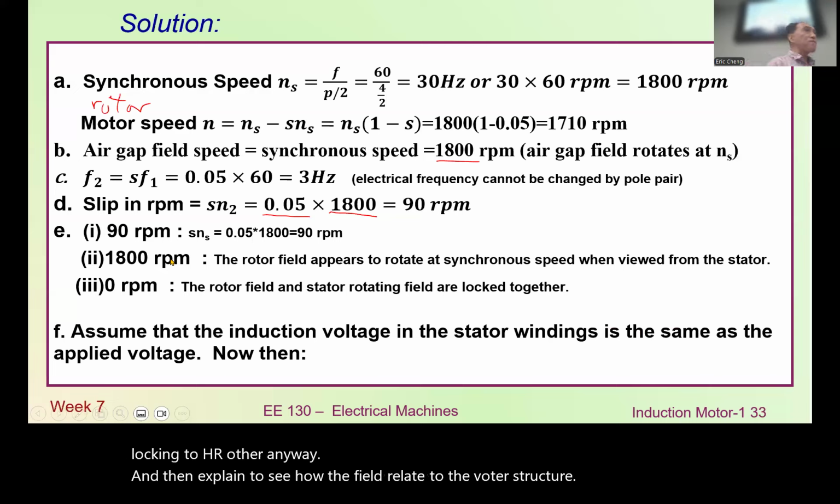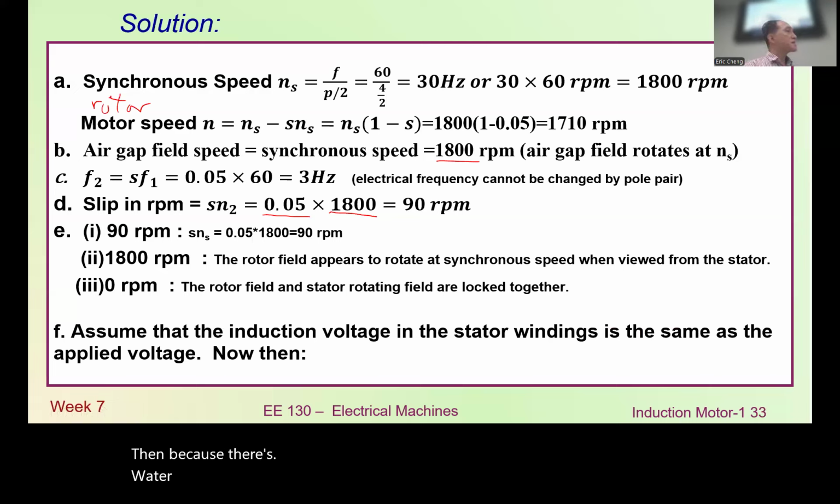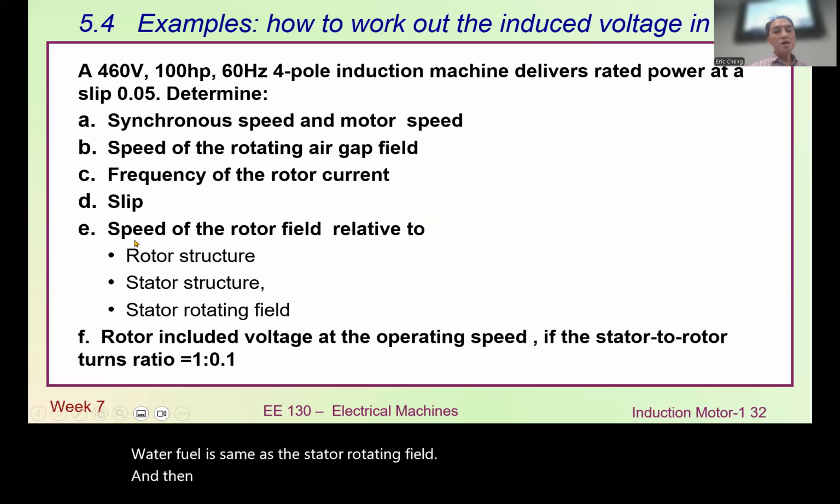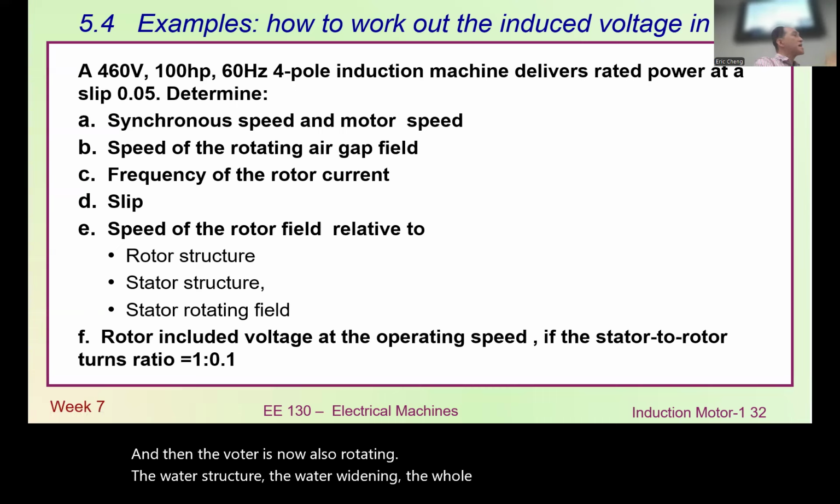Then, because the rotor field is the same as the stator rotating field, the rotor is now also rotating. The rotor structure, the rotor winding, rotates at a speed equal to the rotor speed.